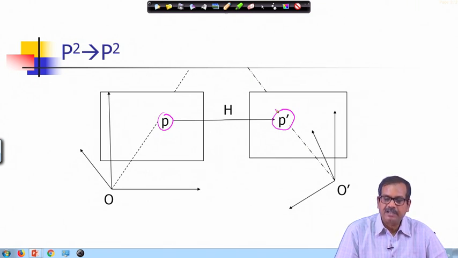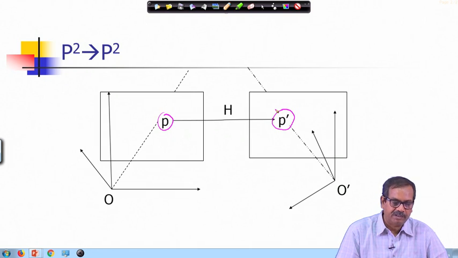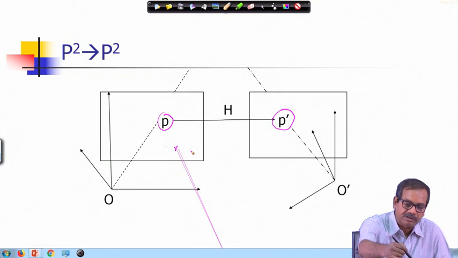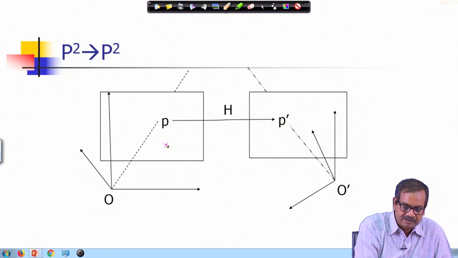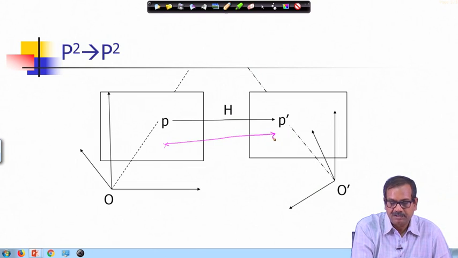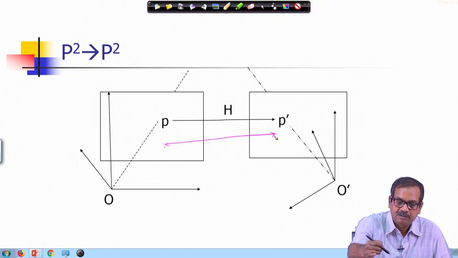We can visualize the projective transformation. For every point in this space, there will be another point in the transformed space to which it maps uniquely.